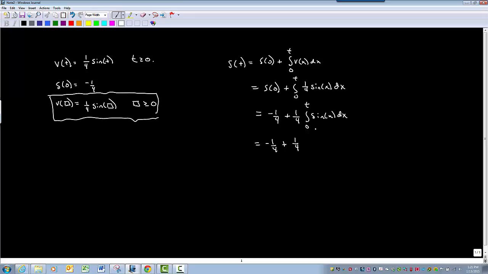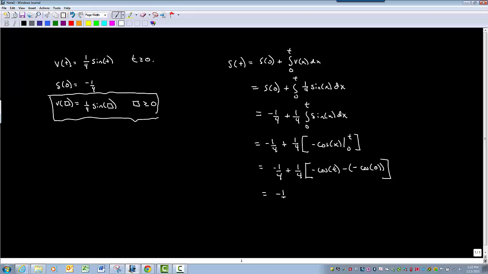Now we need to go ahead and evaluate this guy. The antiderivative of sine is negative cosine x, and we need to evaluate that between 0 and t. So this will be negative 1/4 plus 1/4 times negative cosine t minus negative cosine 0.